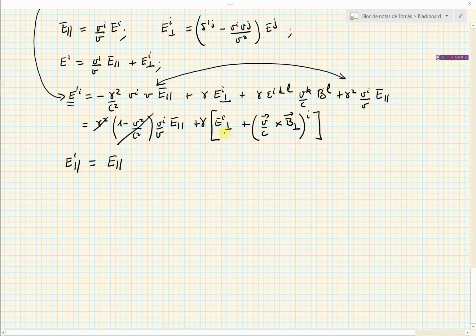Because this is perpendicular, by definition, to the velocity, and also this vector product is perpendicular to the velocity because it is one of the factors. So the rest is automatically orthogonal to the velocity, and this is given by EI orthogonal plus the vector product of V divided by C, B perpendicular I.